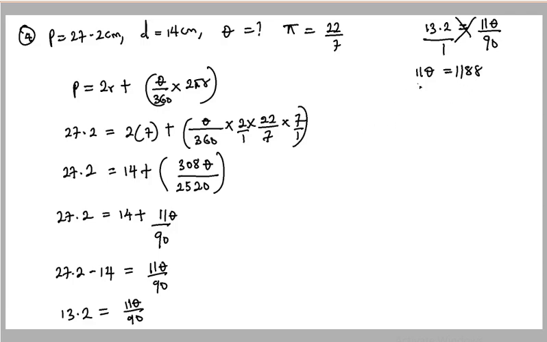To get my theta, I'll divide both sides by 11. This cancels this. So theta is now equal to 1188 divided by 11, which gives us 108 degrees. So that's our answer. I think that's all for this.